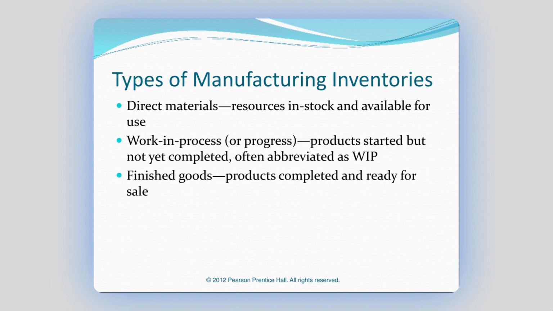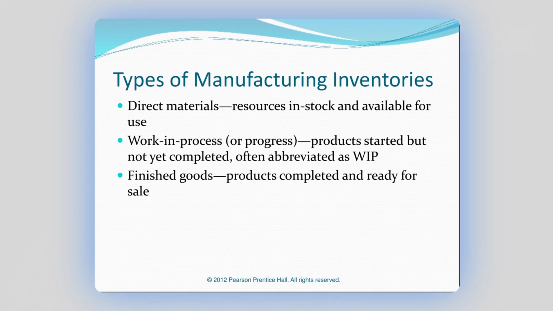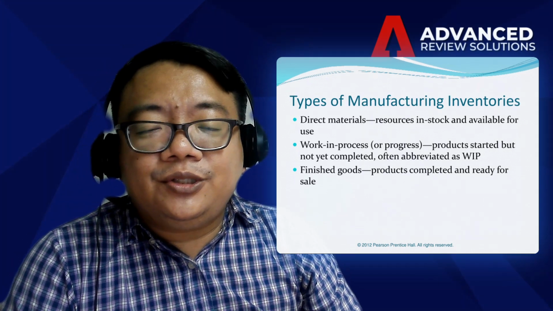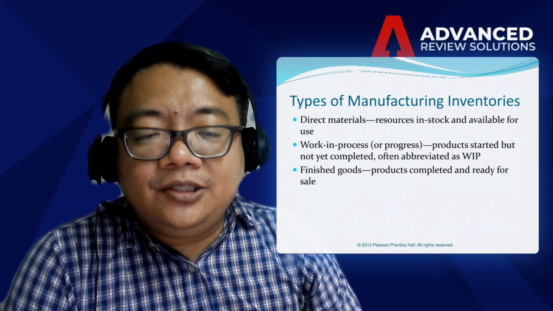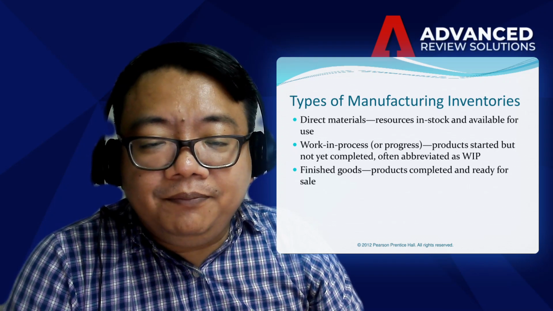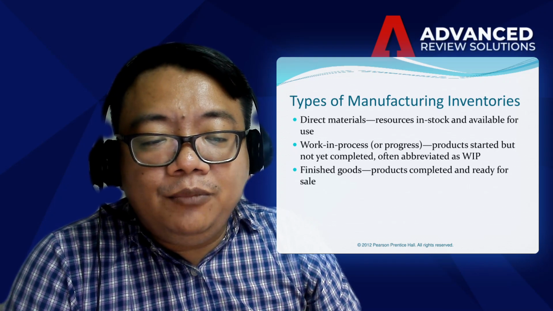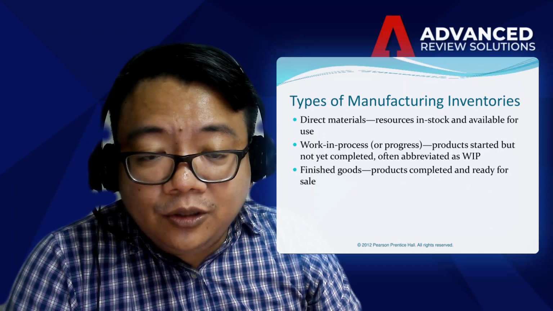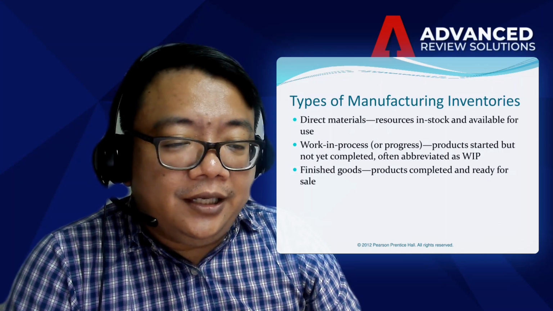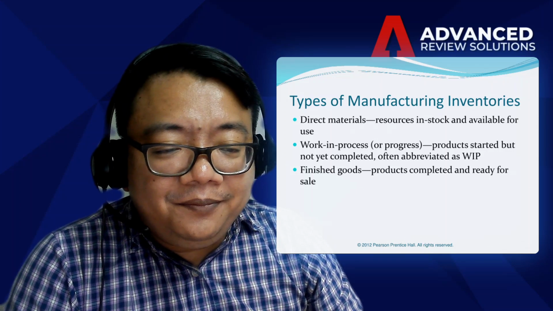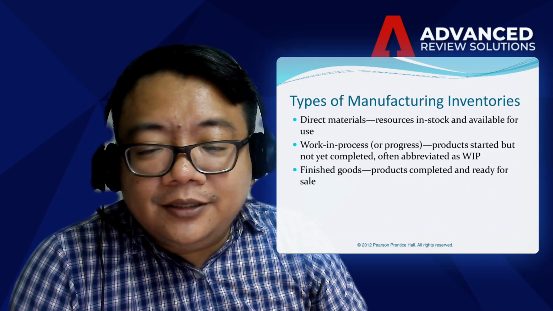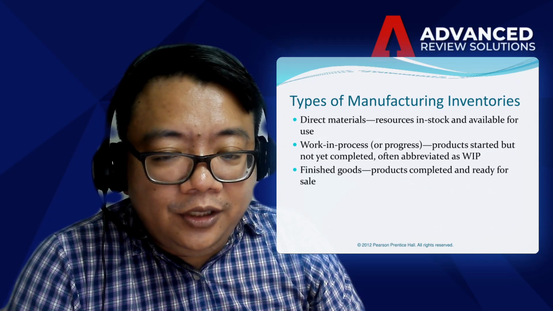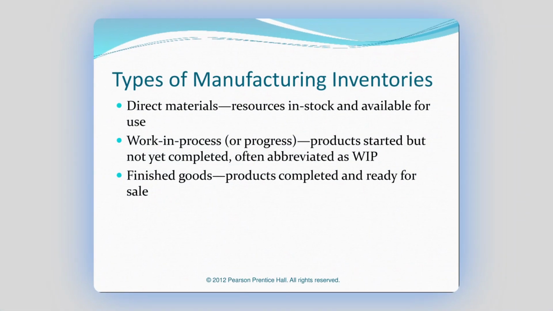Work in process or work in progress. Ano nga to class? Yan yung mga hindi pa tapos, no? Products started but not yet completed, often abbreviated as WIP, while your finished goods, products completed and ready for sale. Okay? So, that would be your manufacturing inventories.